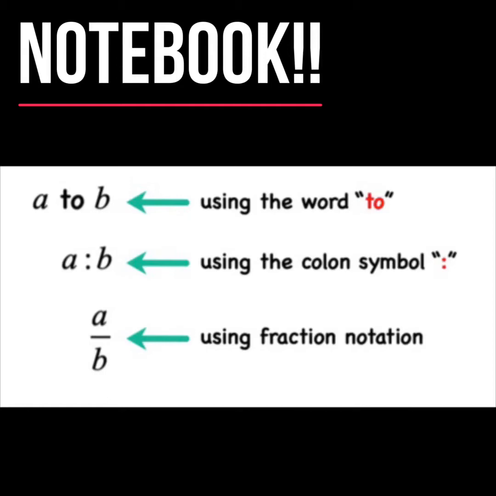These are the three ways that I was referring to when we're writing ratios: A to B, using the word to, A:B, or A over B with fraction notation. The A and the B here are just standalone variables. So in this case, A would have been like the Flair pens, and B would be like the Sharpies.